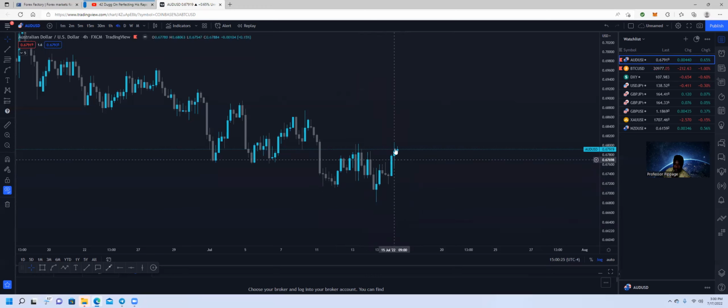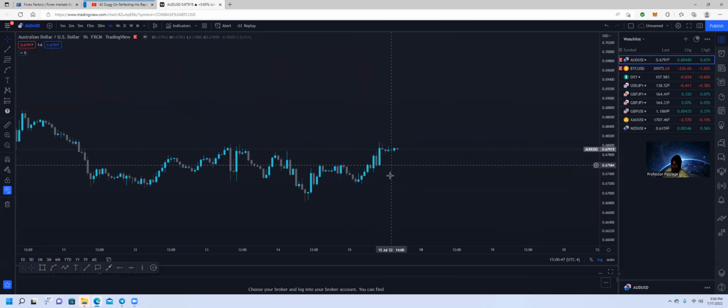But on the 4H and 1H lower time frames, price action shifted and gave you a higher low and pushed into the highs, filling this week, and on the lower time frames closing above that area. So potentially, as AU opens up this week, what I'm going to be expecting is a retracement.